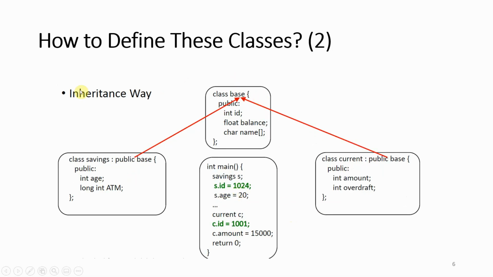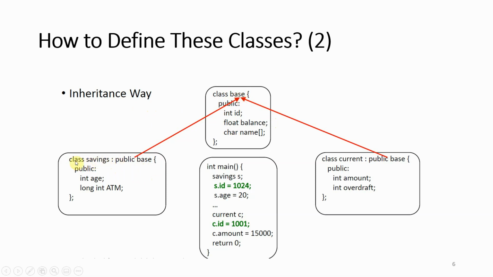But the inheritance way is what we want to focus on. The inheritance way provides an approach for us to define a class that inherits everything from the superclass or the base class. So how do we define it?